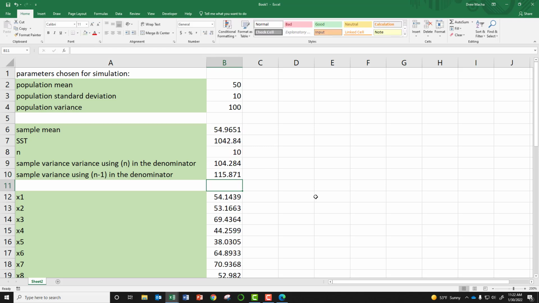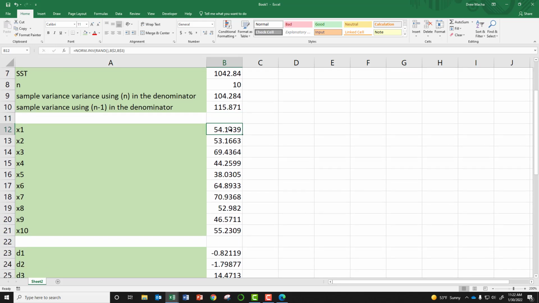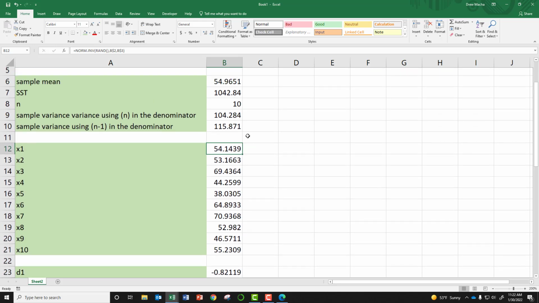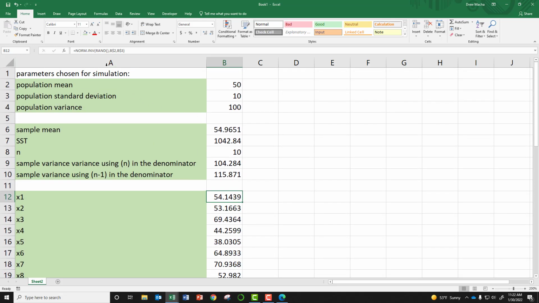Okay. And so what I've done is I've actually created a little simulation. And the trick to this simulation that's going to make it worthwhile for us is to do this over and over and over many times. And I want to keep using the same mean and the same standard deviation to create this random data.